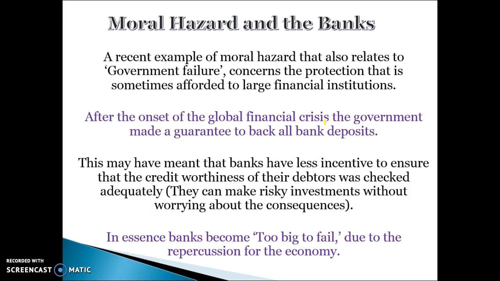So they changed their behaviour in a way that was less efficient because the government had told them that they would save them in the event that they went bankrupt. This meant that banks had less incentive to do credit checks and check creditworthiness, and therefore led to the banks basically being too risky and making suboptimal choices.